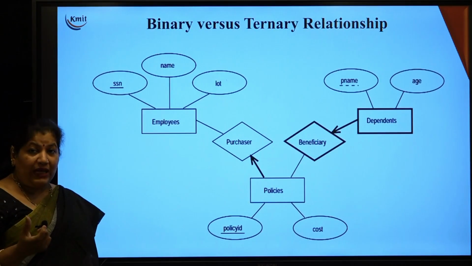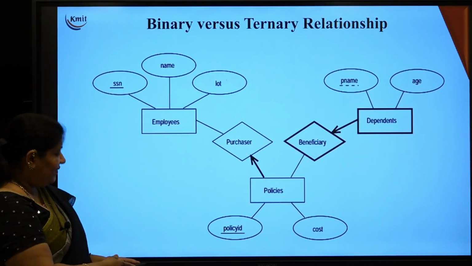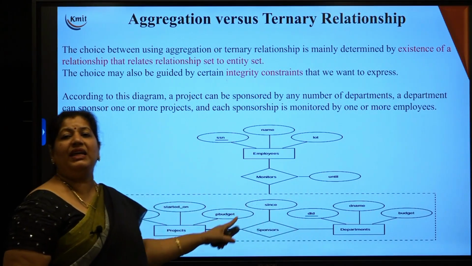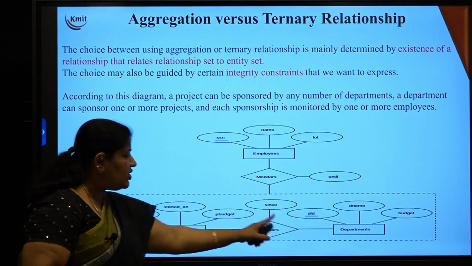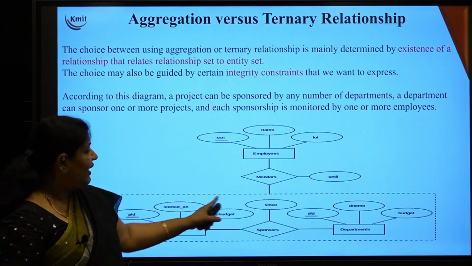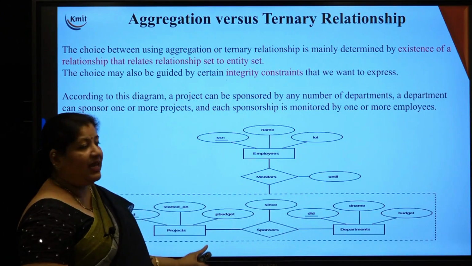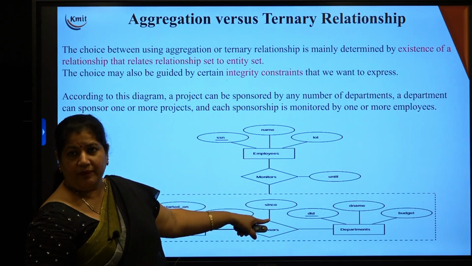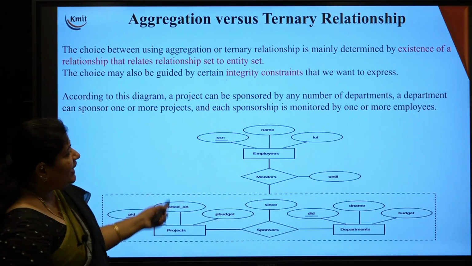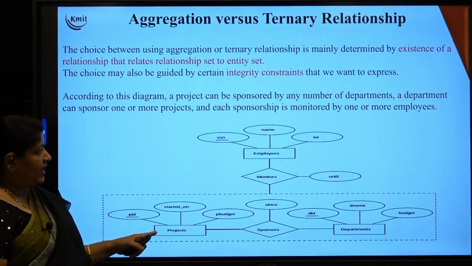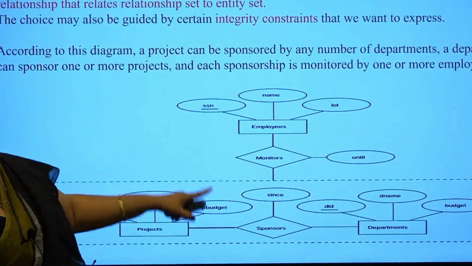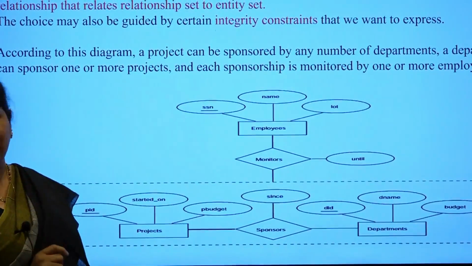So when we talk in terms of projects sponsored by departments, the relationship between department and project is considered as an entity because the employee is going to monitor it as a whole. Now, when I talk about this relationship, ternary or aggregation is a choice here.